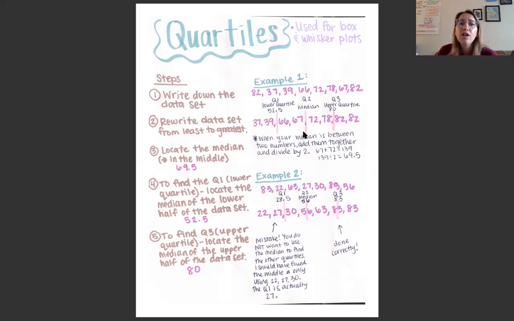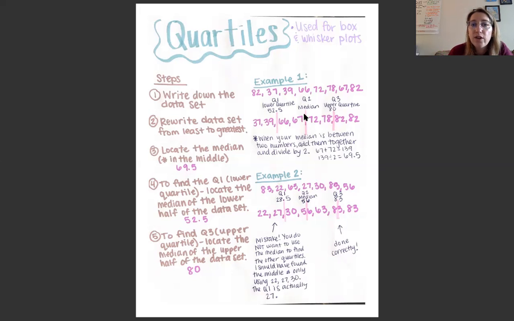Okay. So now this is where I started to get a little like, oh, whoa, what's happening? All right. So the fourth step, after you've found that median that's in the direct middle, you're going to find what the lower quartile or quartile 1 is, and you have to locate it in the lower half of the data set. So this median right here is your halfway point.